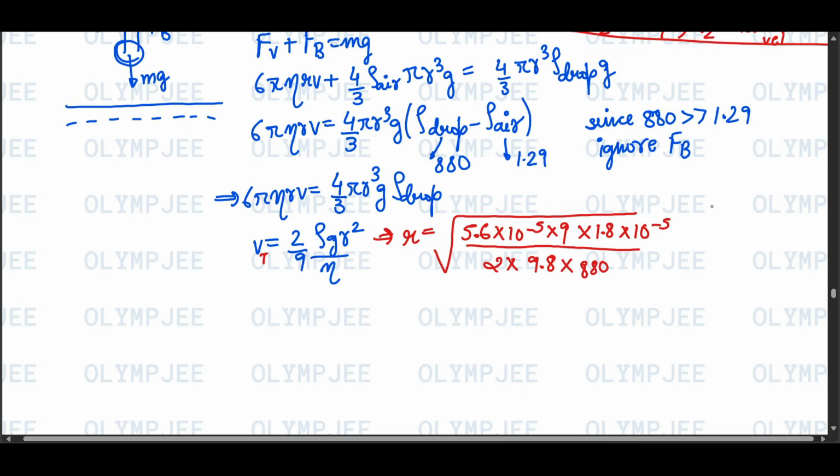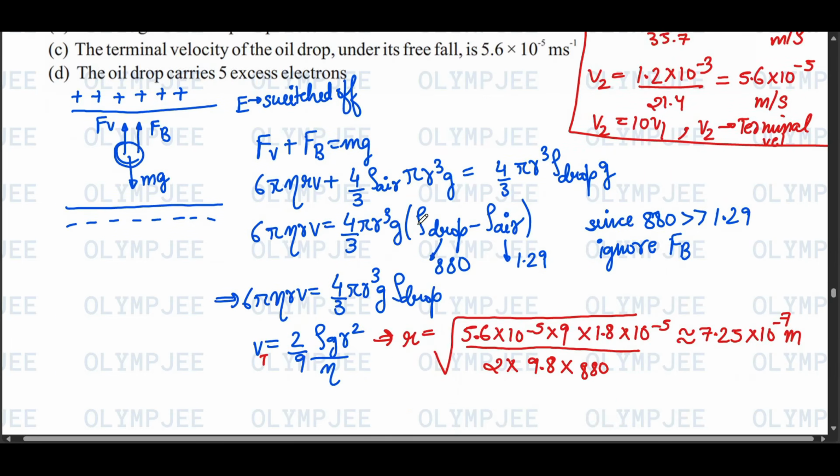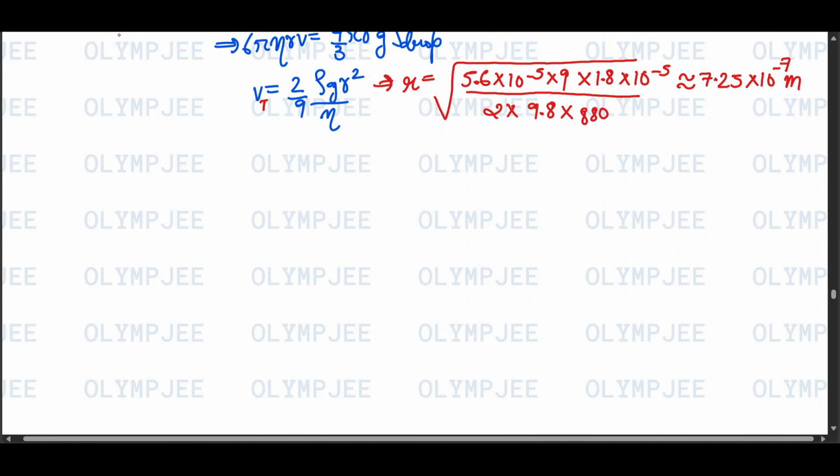So the radius comes out approximately as 7.25 multiplied by 10 raised to power minus 7 meters. So option A is correct. Now let us draw the situation when the electric field is on.